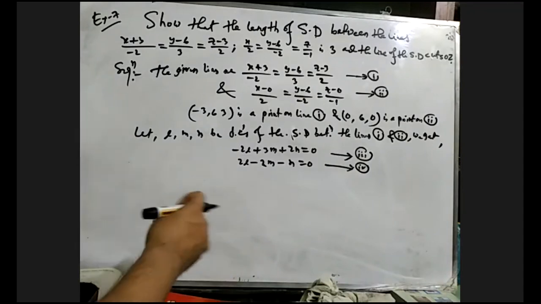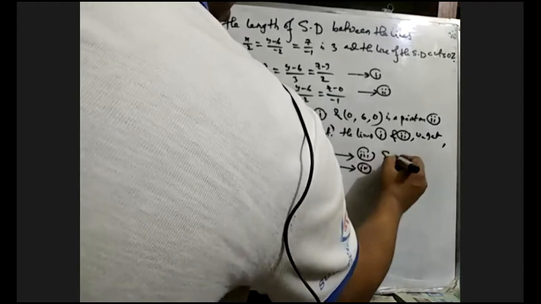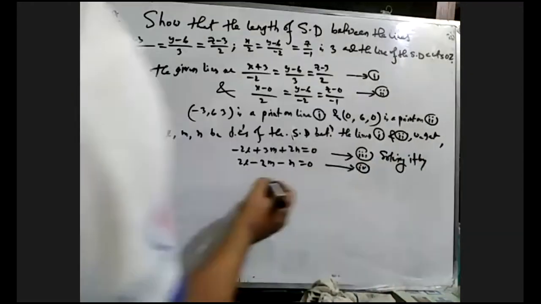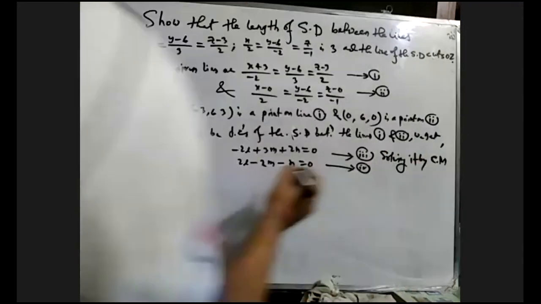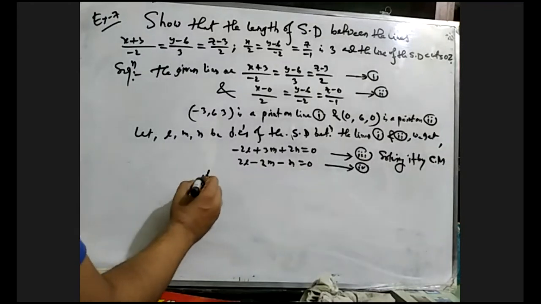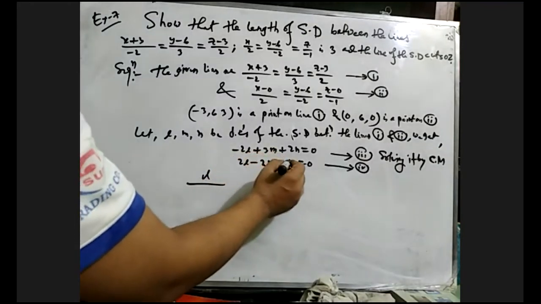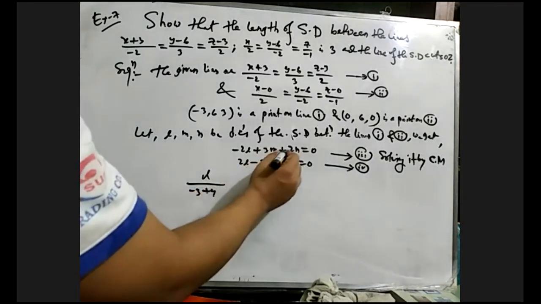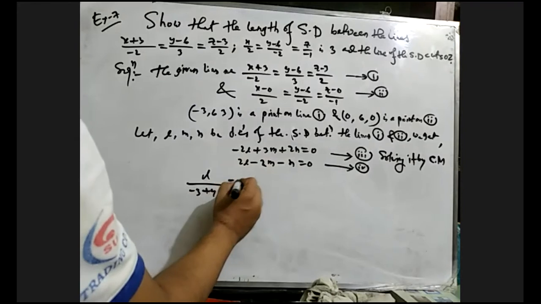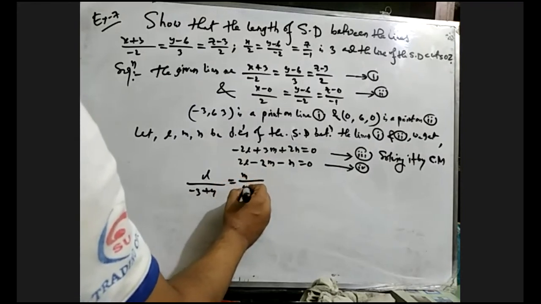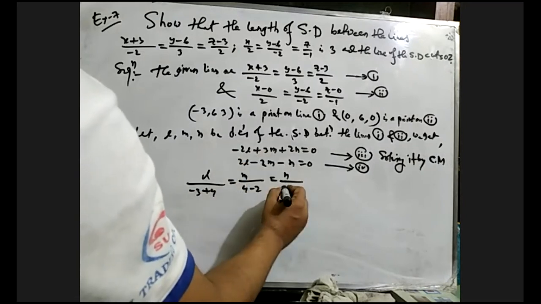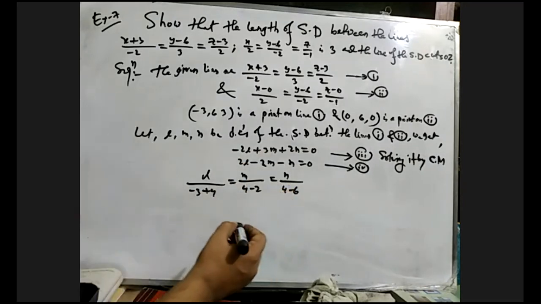Okay, so solving it by cross multiplication, we get L divided by minus 3 plus 4, 2 to 4, minus minus will be plus, M divided by 4 minus 2, and N divided by 4 minus 6.